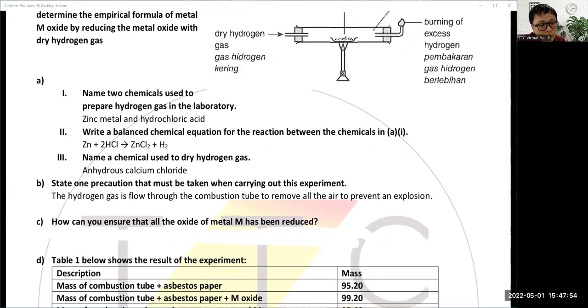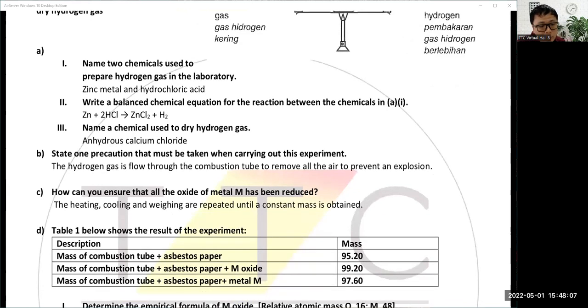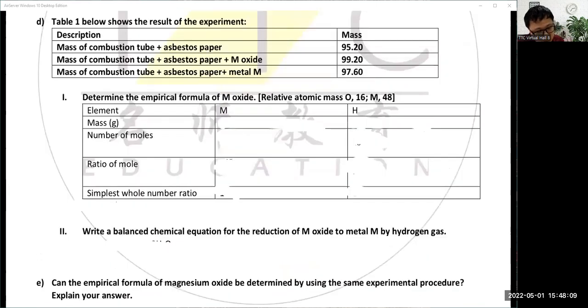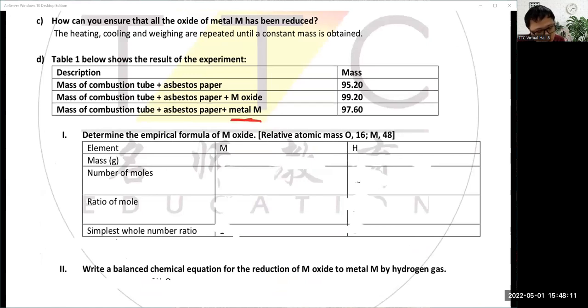How do you ensure all is reduced, meaning all the metal oxide becomes metal? Repeat the three processes: heating, cooling, weighing is repeated until a constant mass is obtained. Then you try to find the mass of the metal M. The mass of M will be the mass with M and minus without M. Then the oxygen is with the O and without O. Then you divide by the molar mass, one is 48, one is 16.